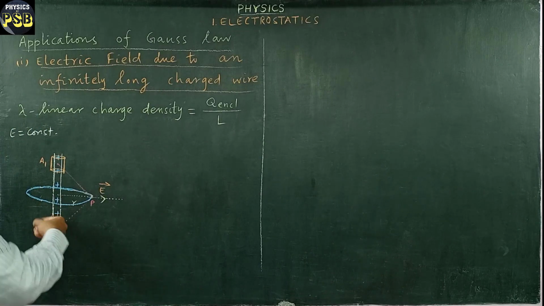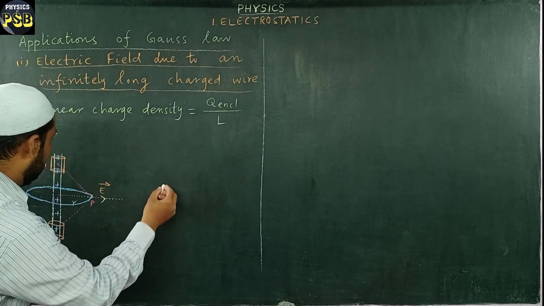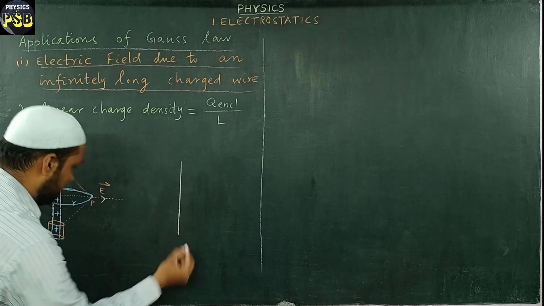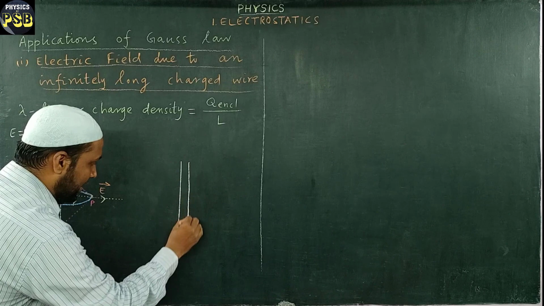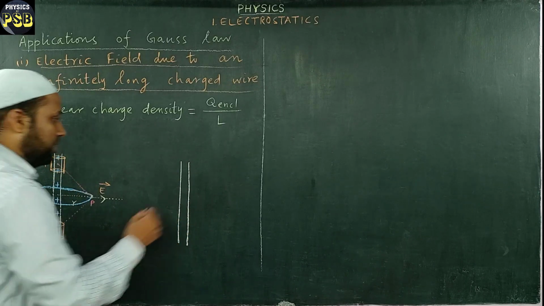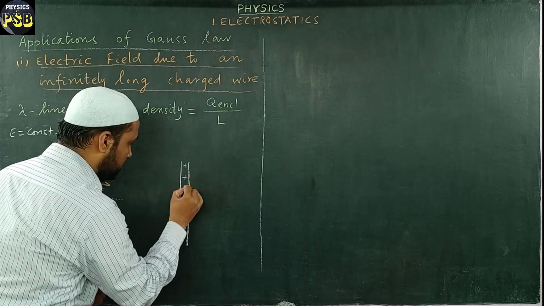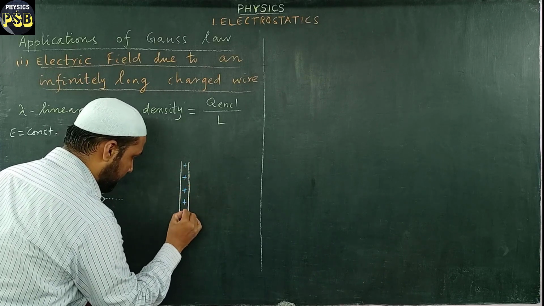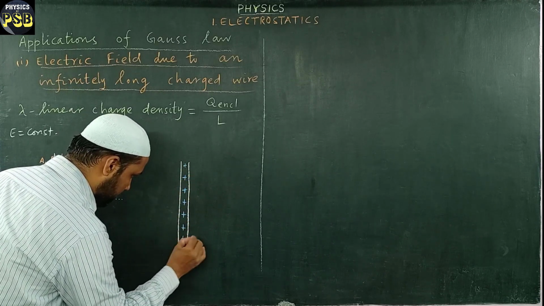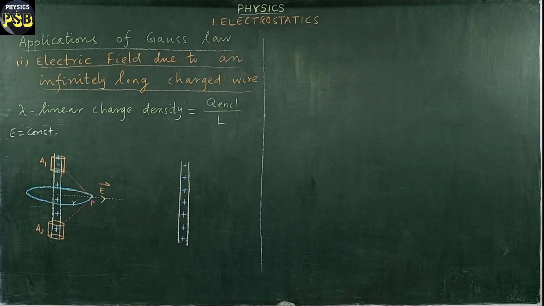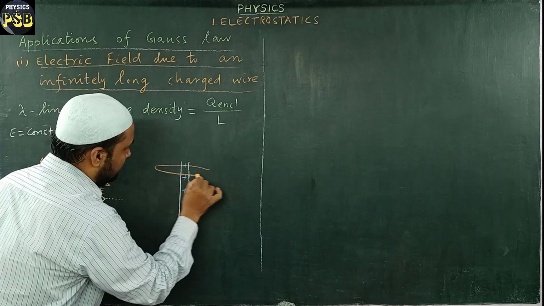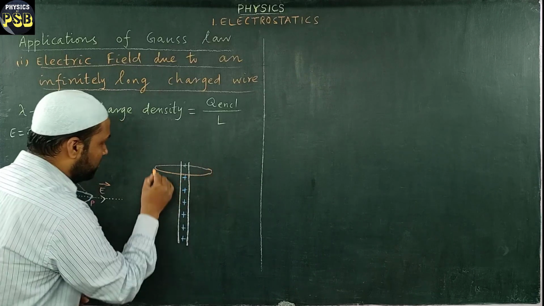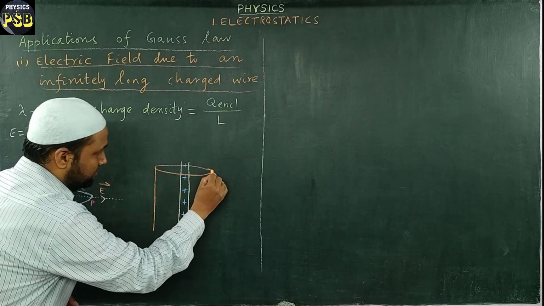So, I draw the same figure here. This is the wire of infinite length carrying positive charge. Then to apply Gauss law, I take a Gaussian surface which is in the form of a cylinder.